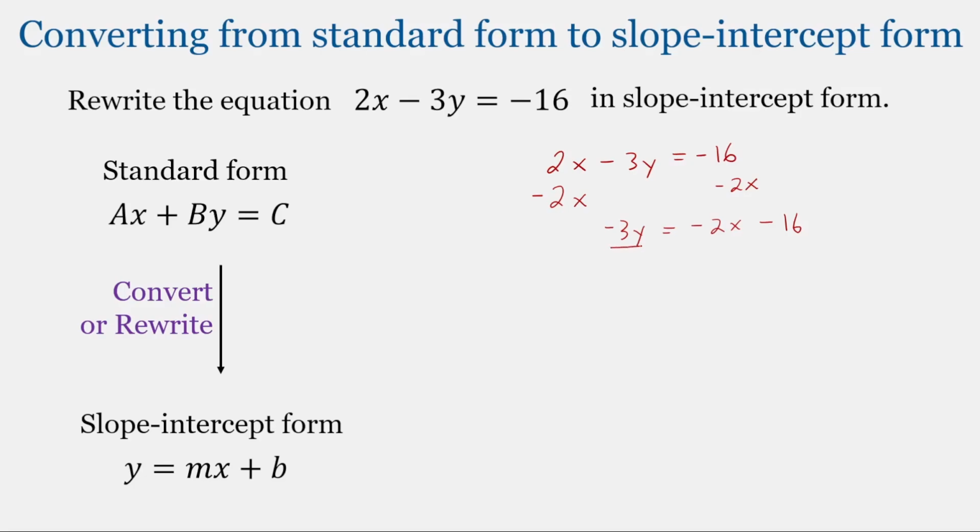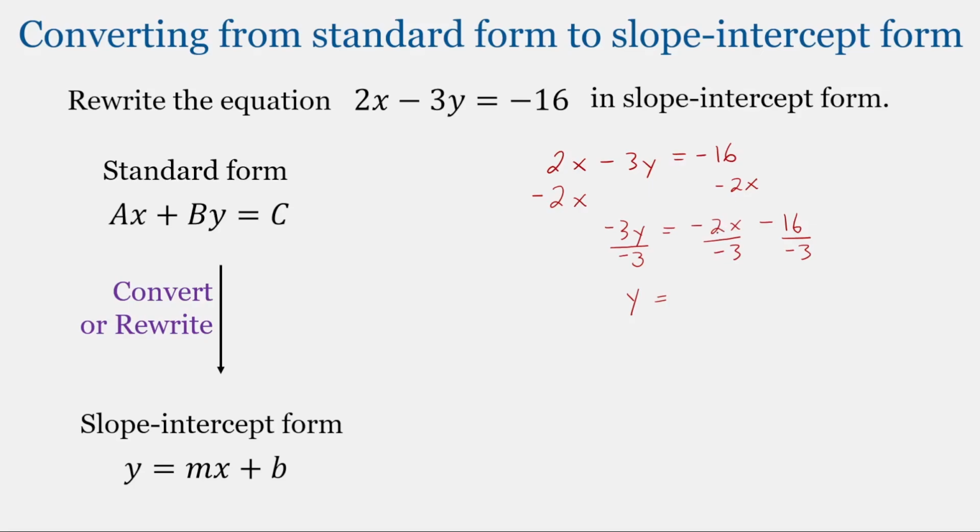And we're going to do that by dividing by negative 3. So negative 3 divided by negative 3, well, that's 1. So on the left, we now have 1y, or y, and that's equal to. And so what we do to one side, we have to do the other. So we're going to divide all the terms on the other side by negative 3 as well.